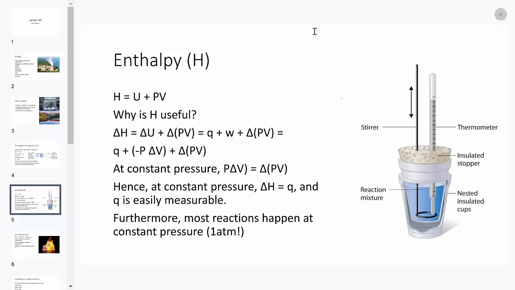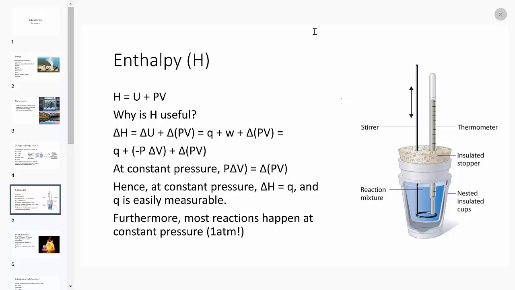So change in enthalpy. What I forgot to mention is that although we cannot measure enthalpy and we cannot measure internal energy directly, we can easily measure changes in enthalpy and changes in internal energy, which are really what are important in chemistry, okay?